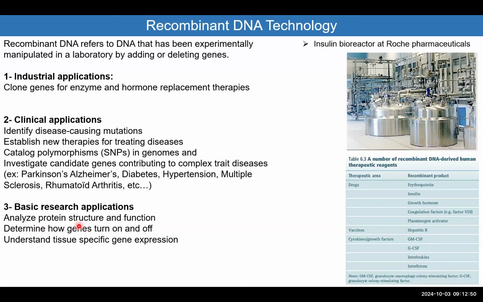Because obviously, when people knew that insulin deficiency is the major cause of type 1 diabetes, there was a lot of research about insulin itself that identified the gene of insulin, identified which sequence should be amplified in order to produce insulin, and what other factors are needed for the insulin to be functional. So we get this in the basic research.